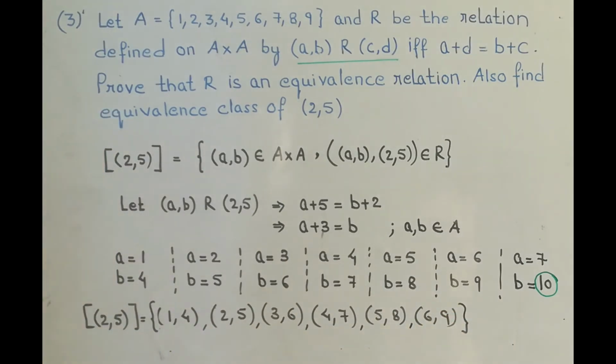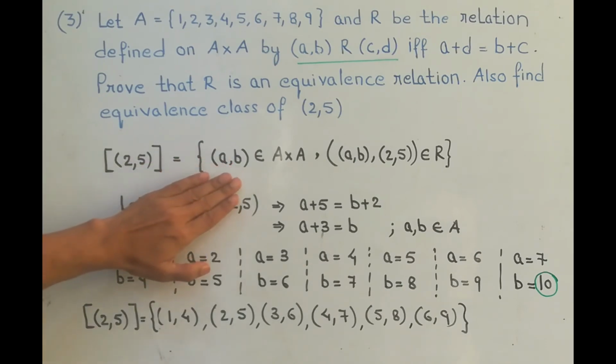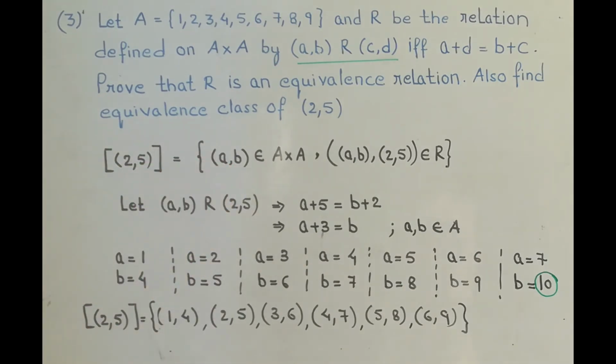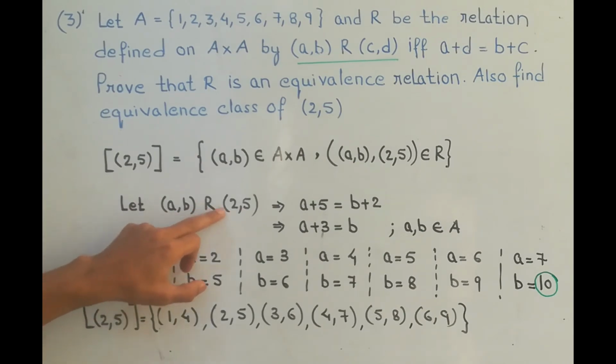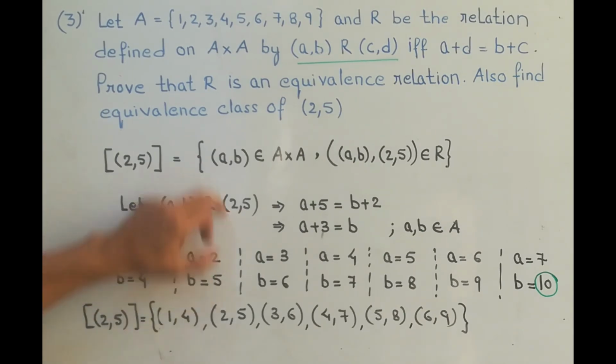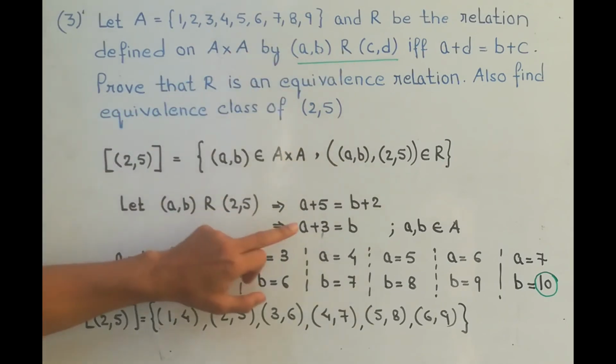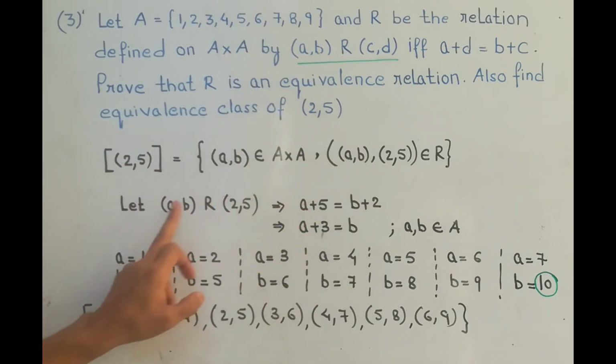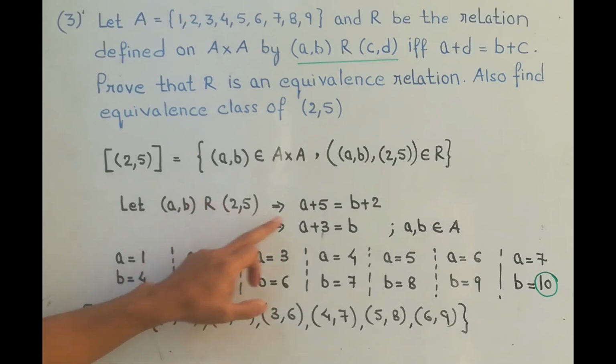So we were asked to find the equivalence class of ordered pair (2, 5). It can be written like this. Now let this (a, b) be related to (2, 5). From here you can see this will be the relation, a plus d is equal to b plus c.